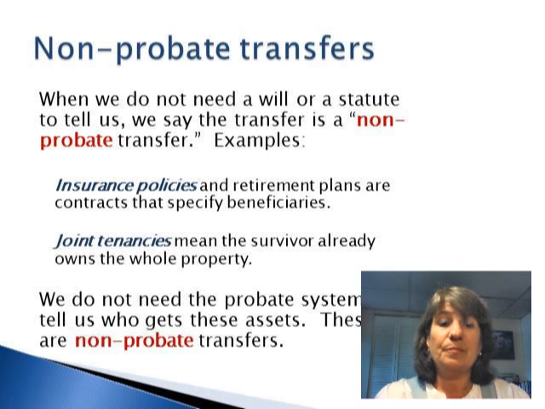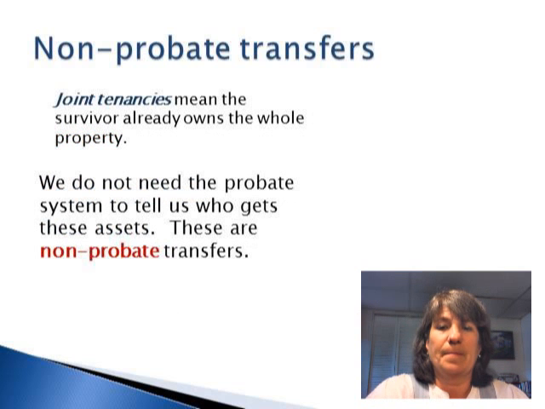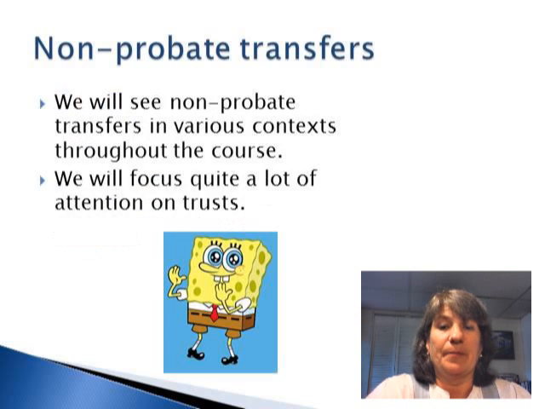Moreover, there's nothing anybody can do. Those are kind of resolved already while the decedent was alive. So those are non-probate transfers. And non-probate transfers are effective for transferring non-probate property.